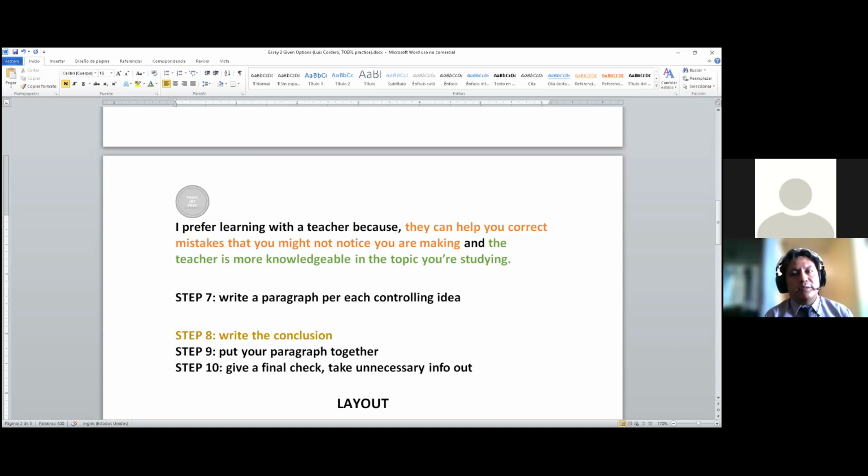Probably you can start including a transition, for example, to start, comma, I would like to mention, or to begin, or as I mentioned in my very basic essay, first I would say, or firstly I would say, and then your ideas will be running by themselves. But if you don't start writing, you will be still thinking, thinking, thinking, and never writing, and the time is going to pass. So start with at least your transition.